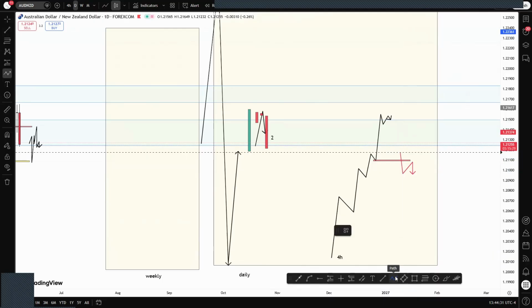If you've noticed how this 4 hour time frame is moving, this is what we ended up having in prices at this point.